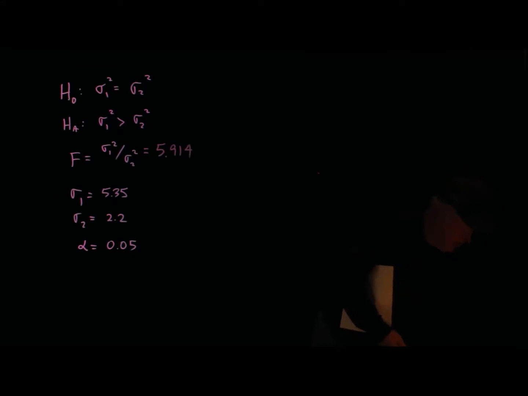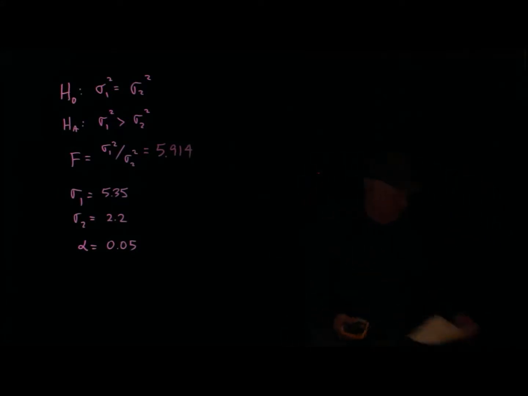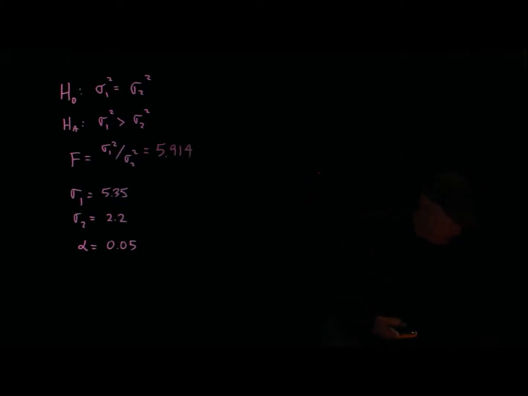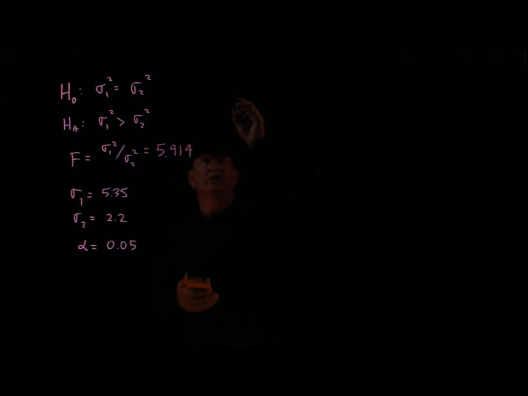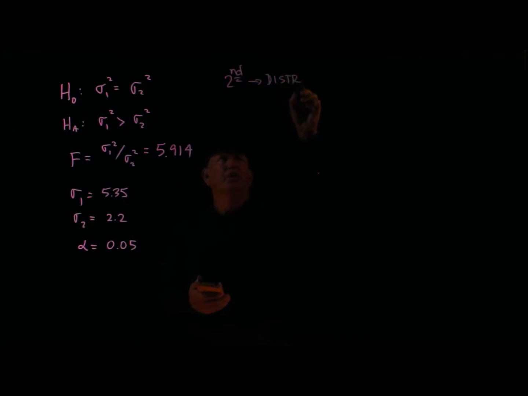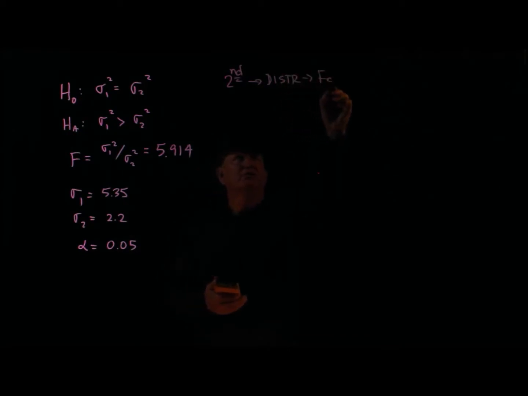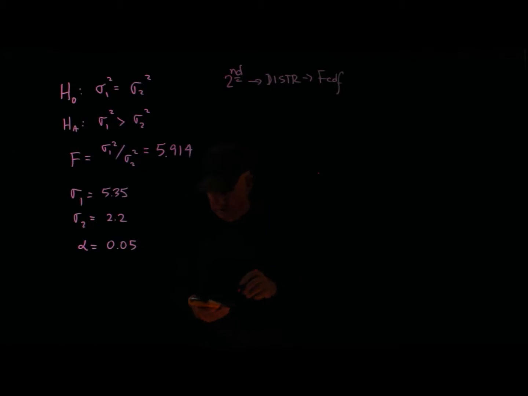All we have to do now is go to FCDF, and in order to do that, we're going to go to second distribution, and we're going to find FCDF, and here I'll show you what we're going to do with it. So I am over to FCDF, I'm scrolling down, it's actually item number 10.